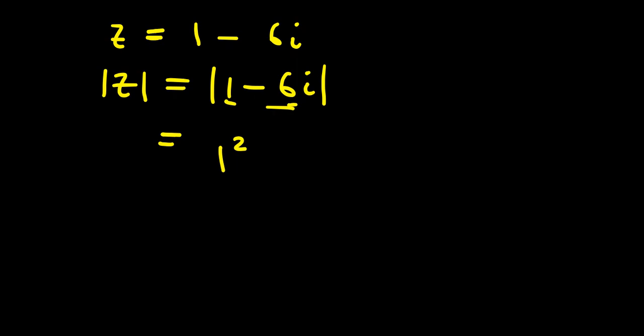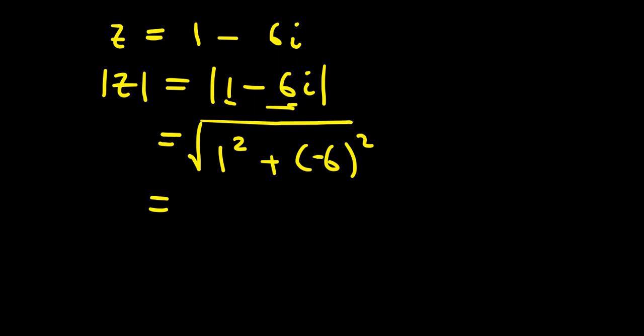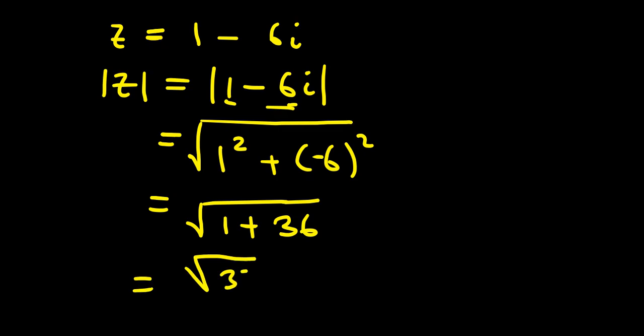So we square that, plus negative 6 squared, and then you have the square root there. This is equal to the root of 1 plus 6 squared. 6 squared is just 36. 1 plus 36 is 37. So this is just the root of 37. This is the value that you get.